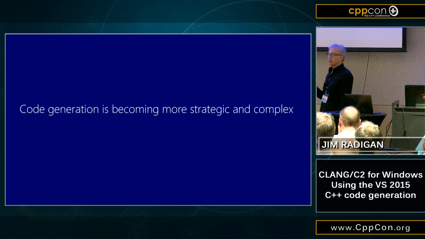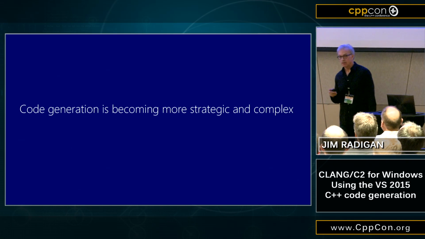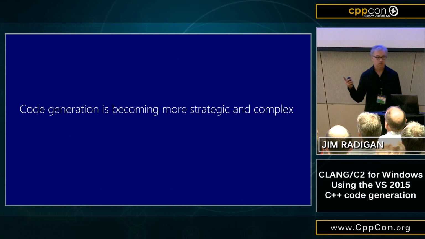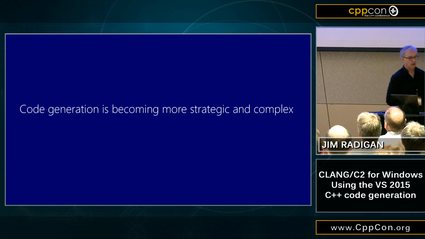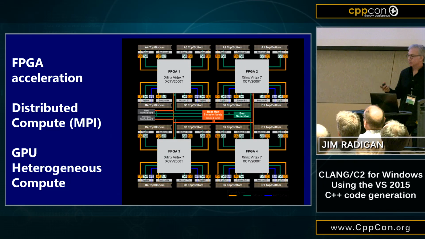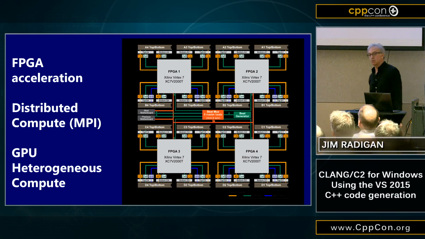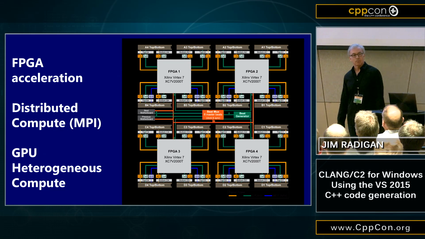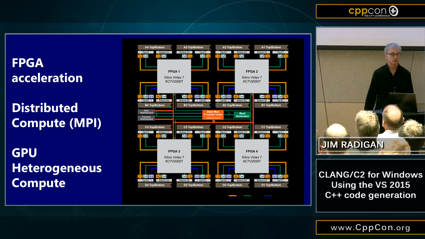But right now, code generation is getting seriously far more complex than the standard CPUs that I was showing you right there. And if you think about it, you really have to begin to worry about FPGAs. We're worrying about it now as far as being able to build acceleration in the cloud. That's going to be a major part of Microsoft's business.